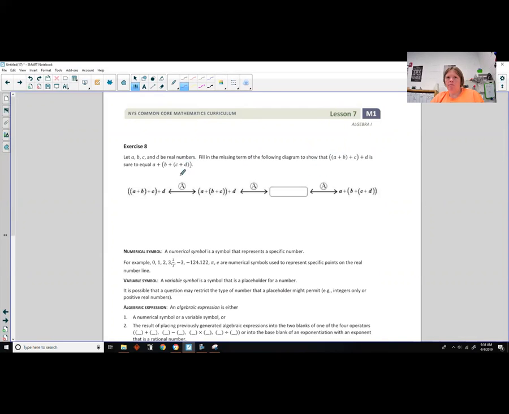The parentheses changed, it's associative. So we have an associative property here. We move this parentheses from here to here. That's what happened on that step.